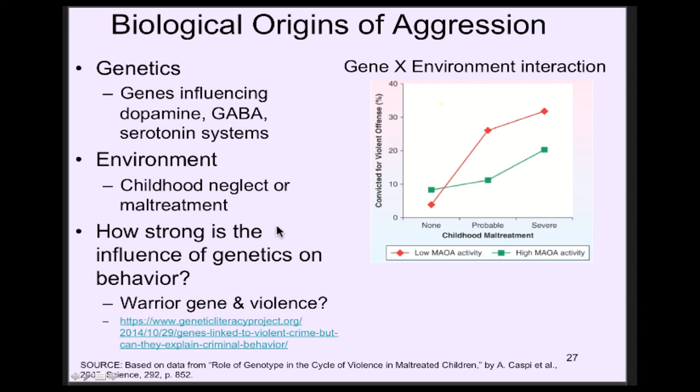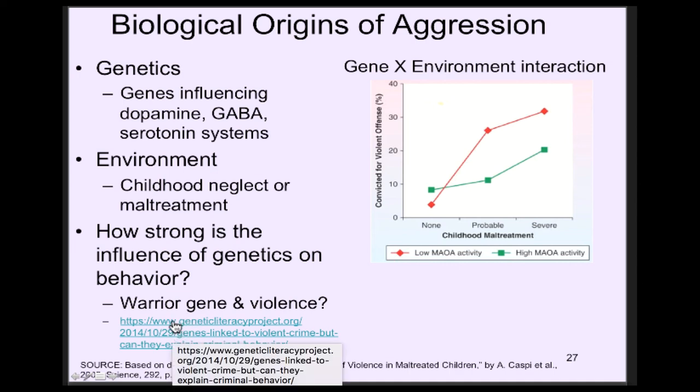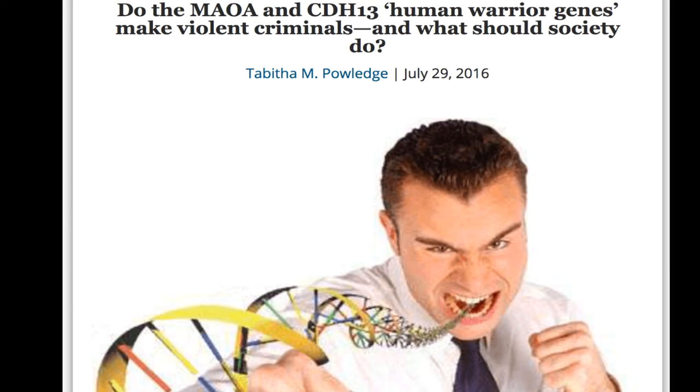And so there has been a lot of discussion on the strength of the influence of genetics on behavior, and there's even interest in looking at something called the warrior gene. But it's important to keep in mind that, number one, these effects of genes tend to be pretty small.